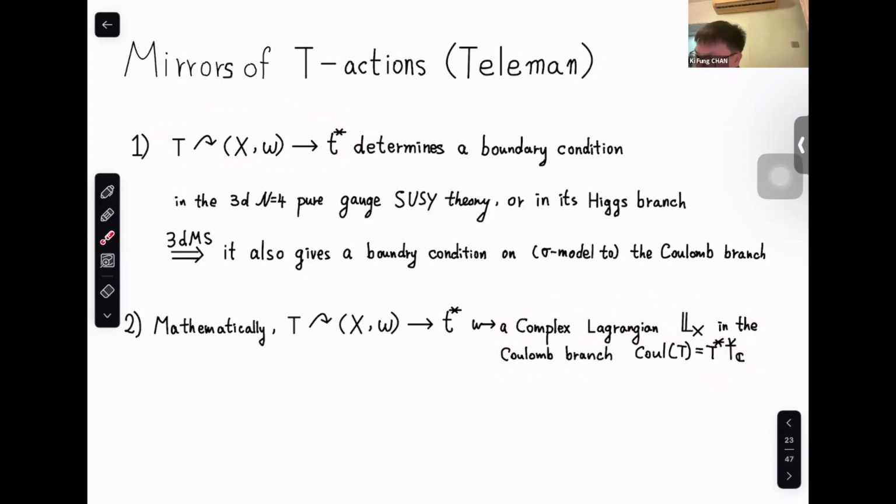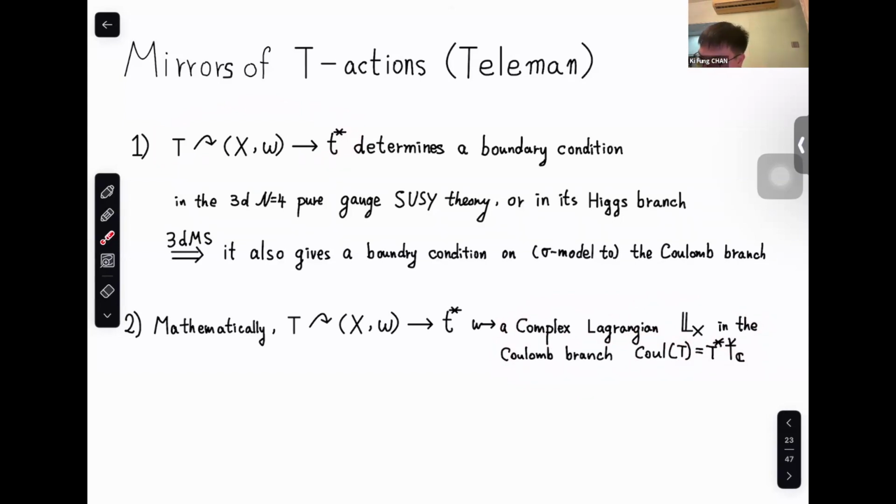In the abelian case, the Coulomb branch is very easy to describe. The Coulomb branch for T is T*TC check, the cotangent bundle of the dual complexified torus. So it is a complex symplectic manifold, and we can talk about its complex Lagrangians.